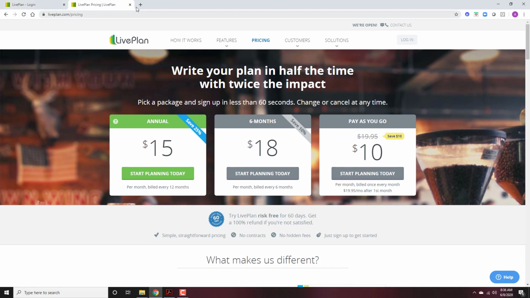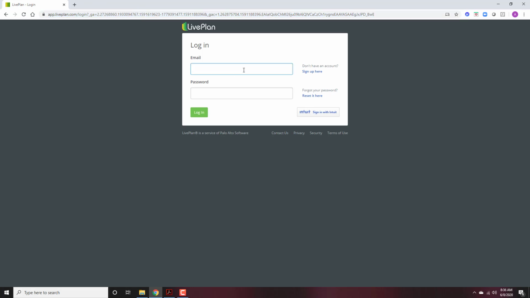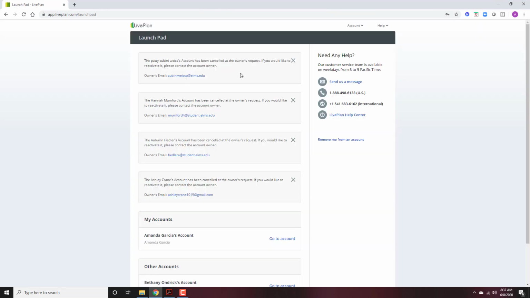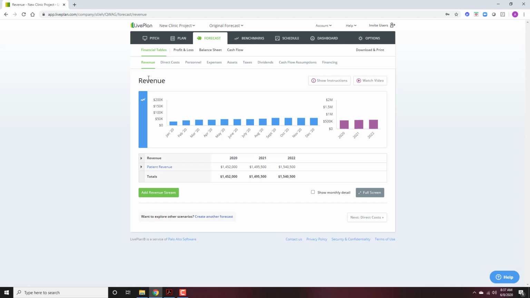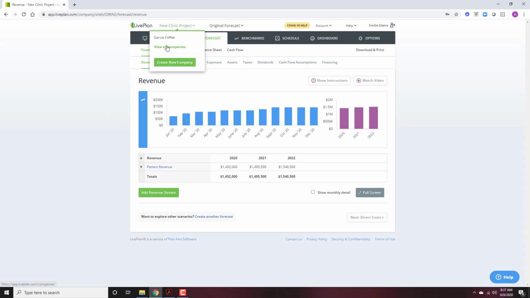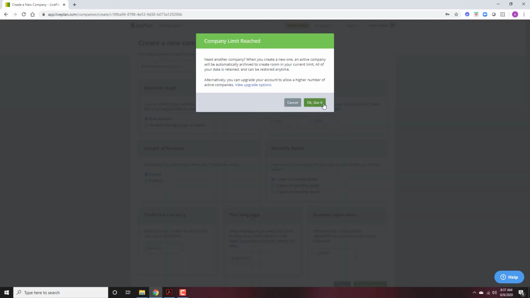So once you have a LivePlan account, I'm going to log into my LivePlan account. You can also do this in Excel, and you'll share yours with me. So I'm going to go to my account, and what I'm going to do is create new company.